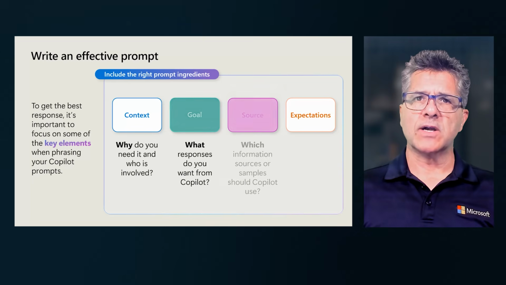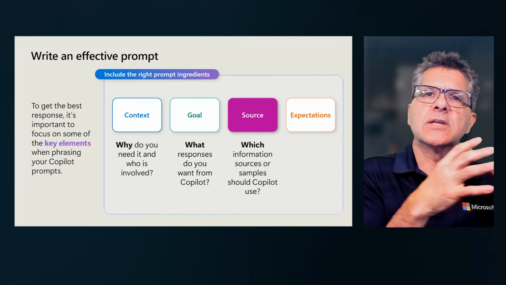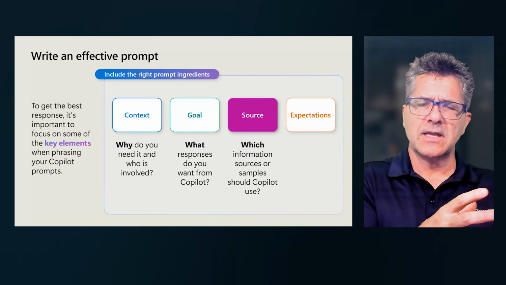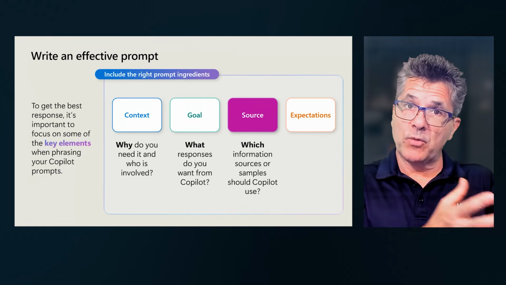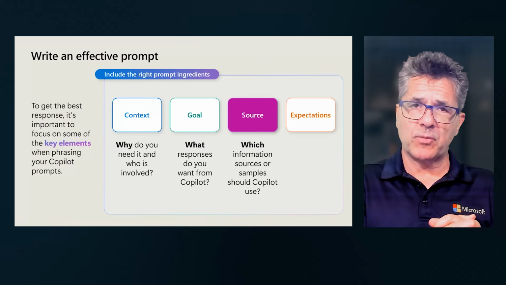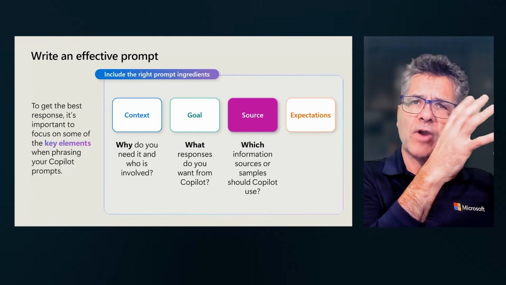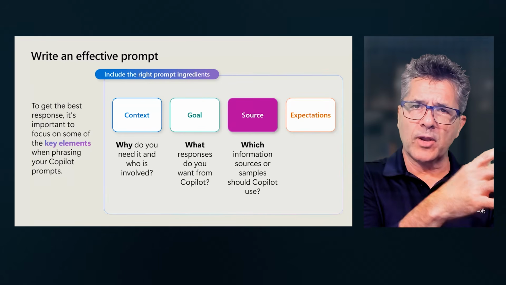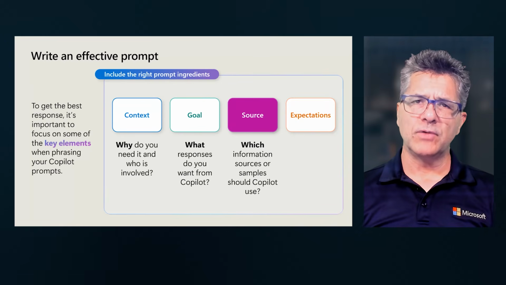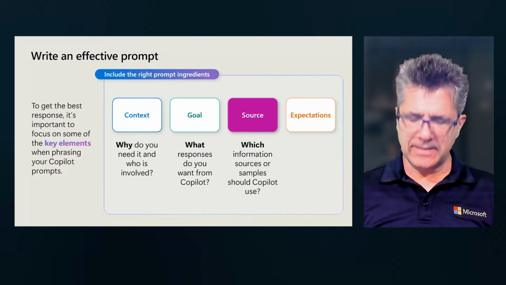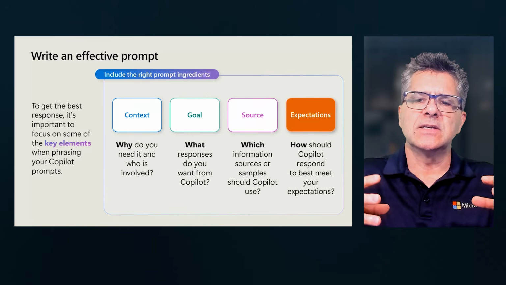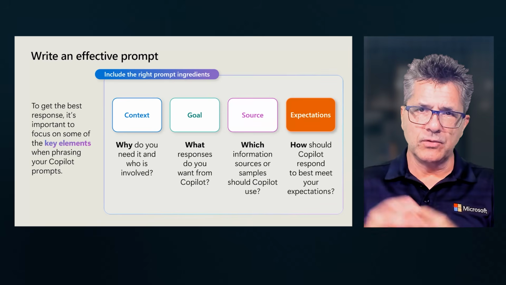And then is the source. The source is maybe there is a document that I want you to use for that. Maybe there's a website. For example, in our previous demonstration, we took a document and we asked to summarize that document in 4 bullet points and in 300 words. And that's exactly the expectation. The expectation is how I want you do this.